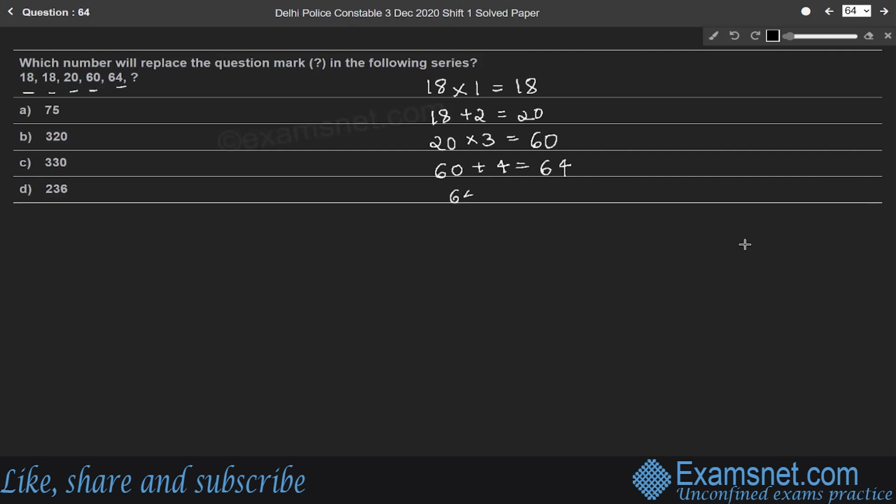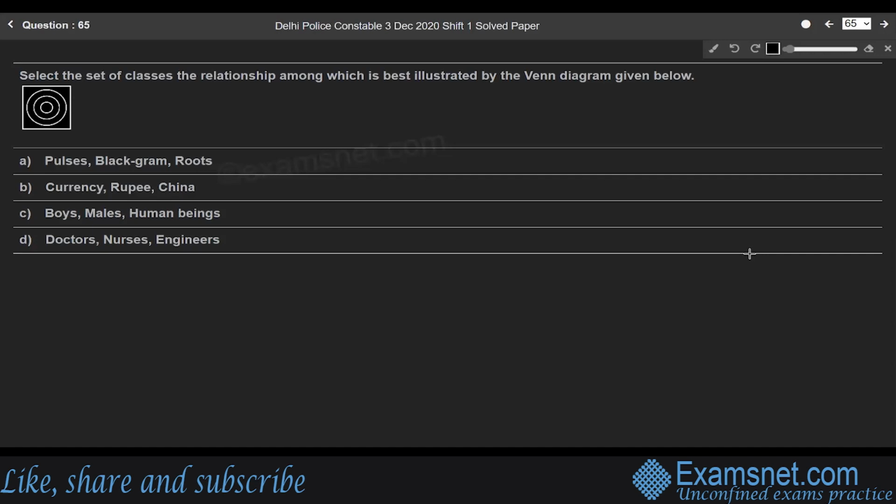And for the fifth number 64, the operation has to be multiplication into 5. 64 into 5 is 320. Here addition and multiplication are done alternately, right? Therefore, the next number is 320. Option B. Question 65. Select the set of classes, the relationship among which is best illustrated by the Venn diagram given below.